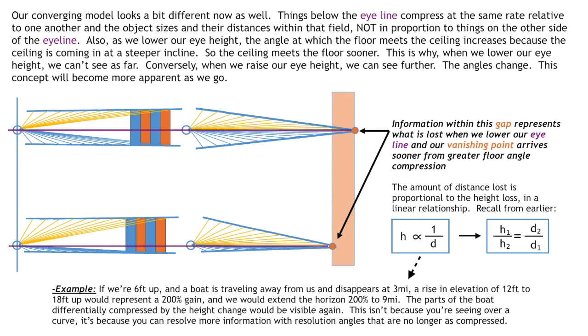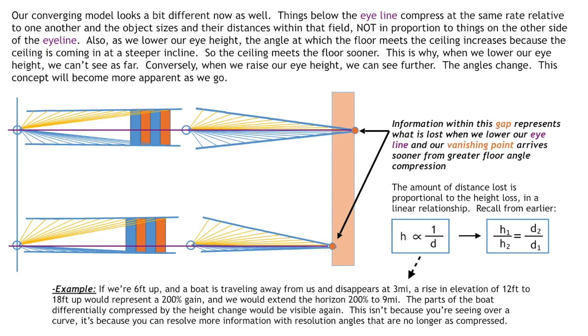So recall from earlier that the height was inversely proportional to the distance, and h1 over h2 equaled d2 over d1. And here's an example of this relationship. If we're 6 feet up and a boat is traveling away from us and disappears at 3 miles, a rise in elevation of 12 feet to 18 feet up, so we're adding 12 feet to our 6-foot elevation to now 18 feet, would represent a 200% gain, and we would extend the horizon 200% to 9 miles, again 1-to-1.